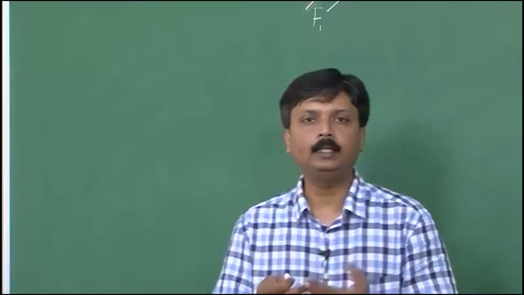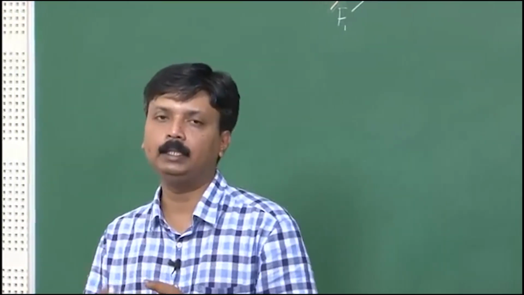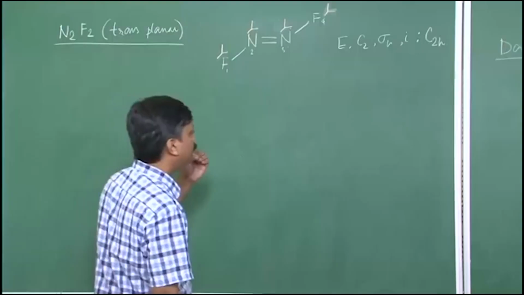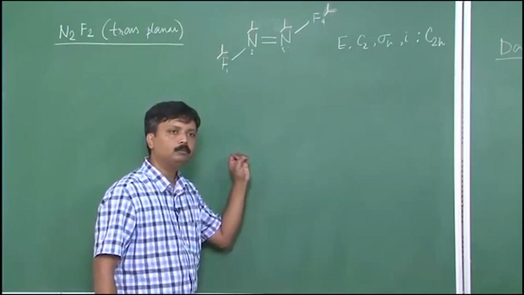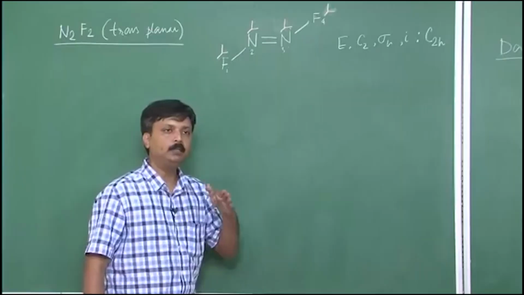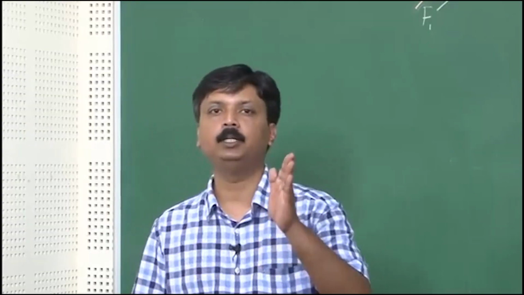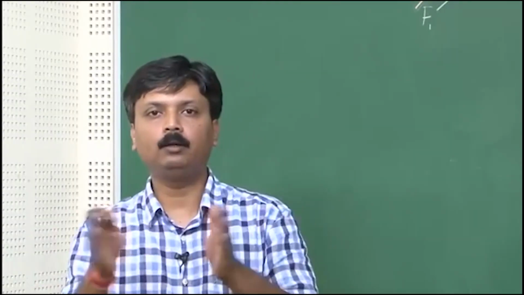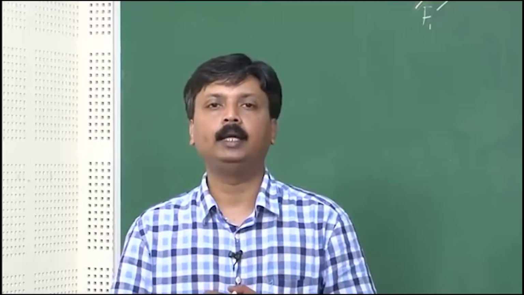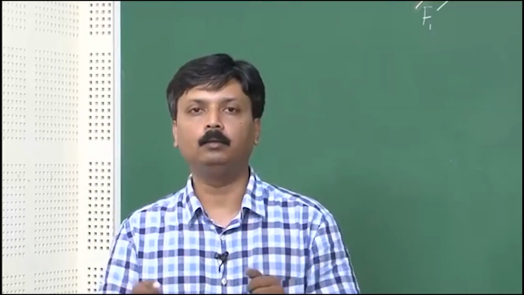So I can take this orthogonal Cartesian coordinate system, x, y and z coordinates, to describe that particular motion of an atom. It can be a stretching vibration, a bending of an angle, an out-of-plane or in-plane motion.